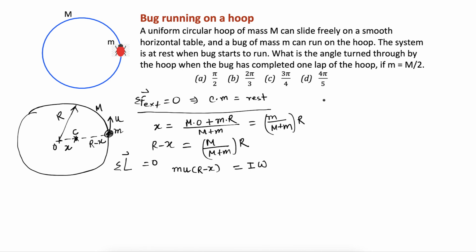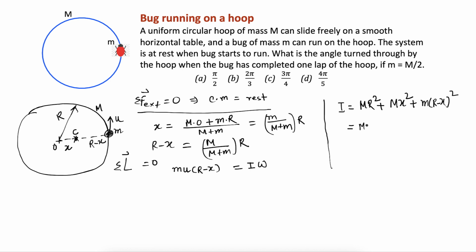Now what is I here? So I is nothing but M r square for the hoop plus M x square plus m (r minus x) square.